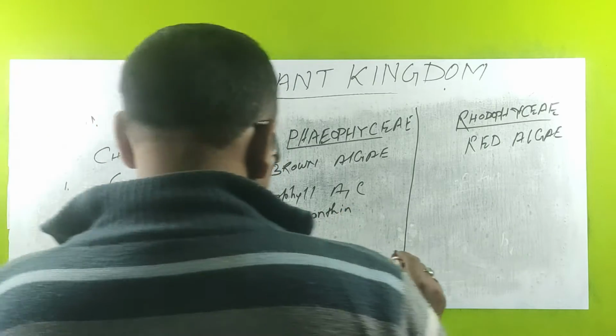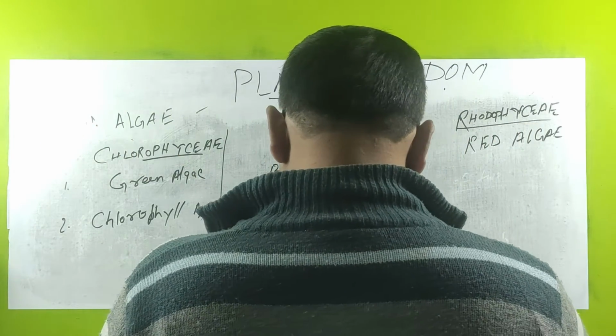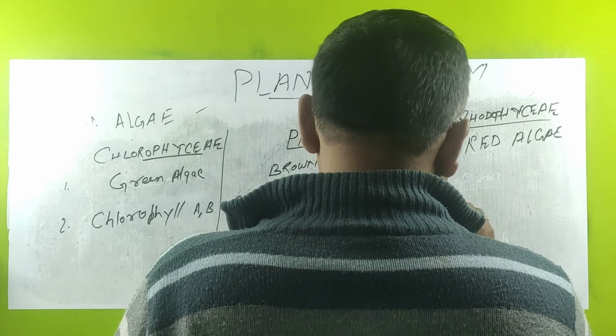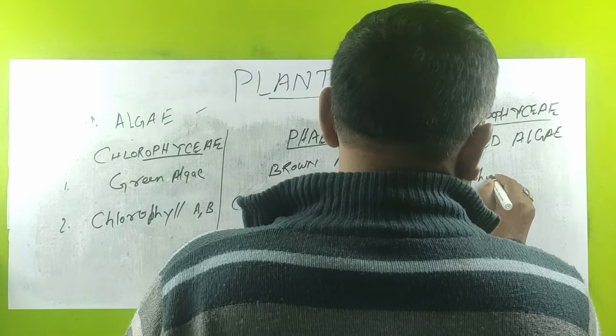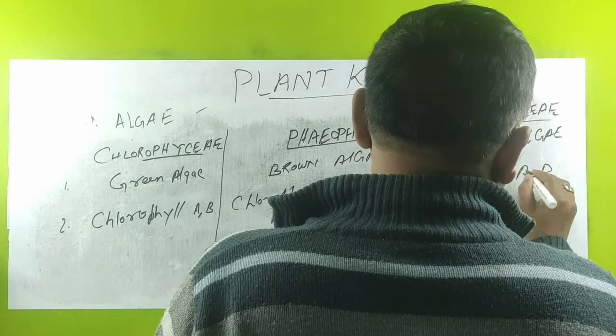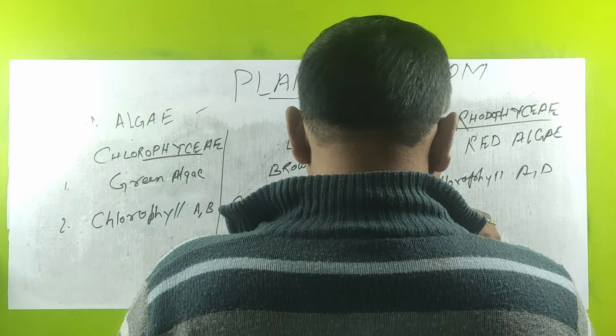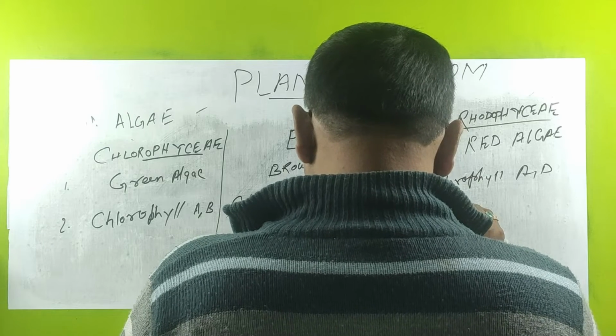In red algae, Rhodophyta, there is chlorophyll A and D, and with this the pigment is phycoerythrin.